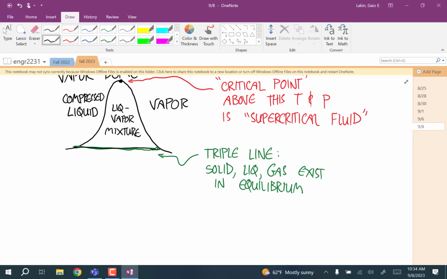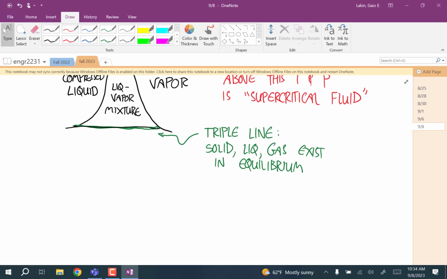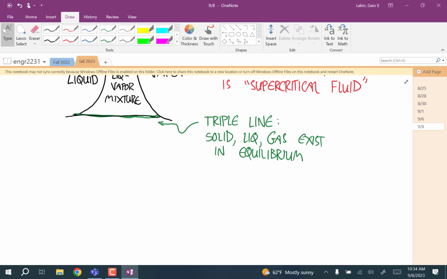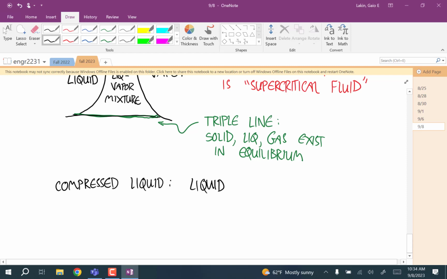Let me give a couple of definitions. Compressed liquid: that's a liquid that's not at a phase change boundary.